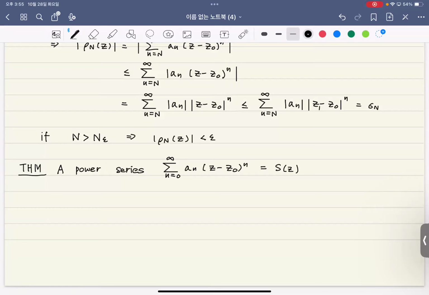I say this function is continuous at each point inside of the circle of convergence.